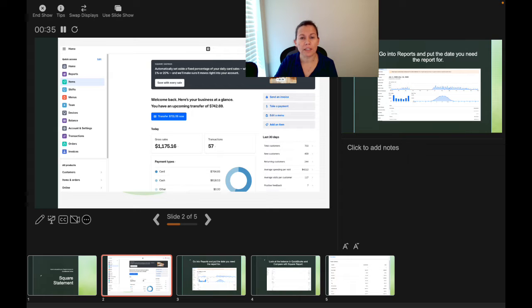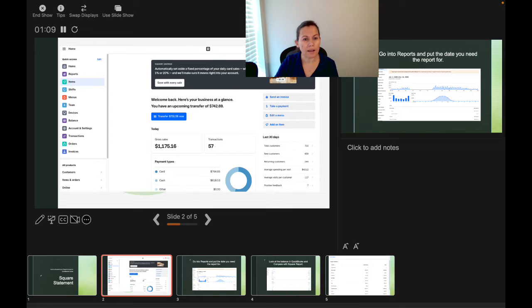The reports will take you to the detailed information of all your sales, all your discounts, refunds, and then taxes if you charge taxes, tips if you charge tips, and then the net sales, or Square fees and net sales. So that information is key for you, because that's what you're gonna need to input into QuickBooks Online, right? All right.